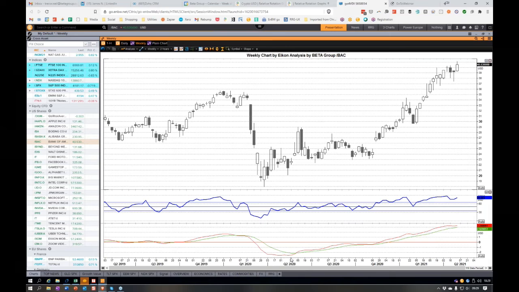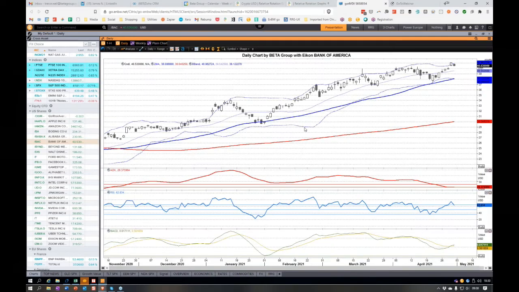But what I do like is the banks, and we talked about this a lot. Bank of America, for example, nice looking chart here. Weekly MACD has been bullish since like March, April 2020, trading from the long side, looking good.